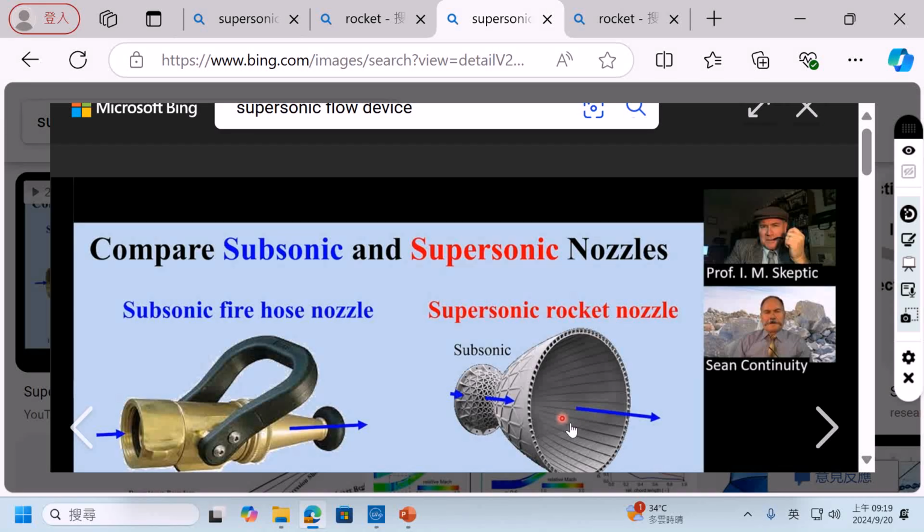This term is equal to 0 at that point. But the flow is definitely a compressible flow, otherwise you will not be able to have this supersonic flow. So it's an example to show you that if this one equals 0, it can still be a compressible flow. Okay? Hopefully it's clear.